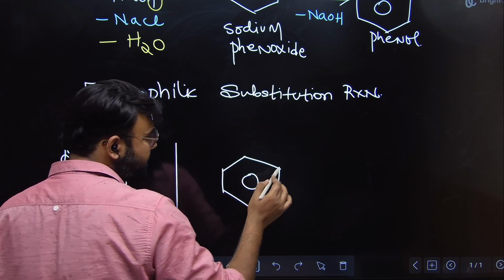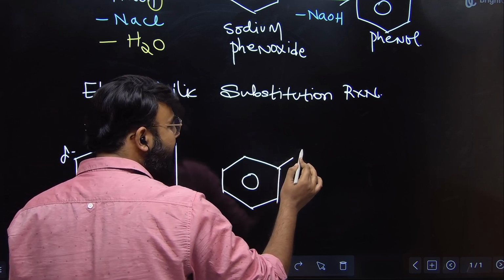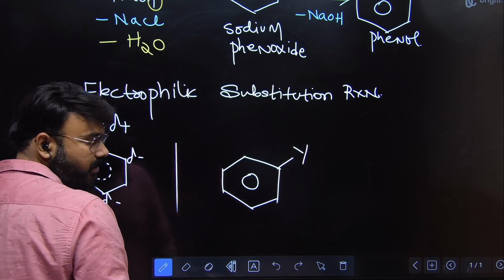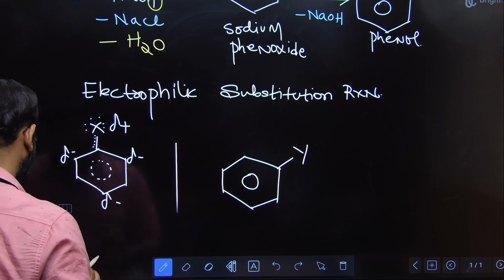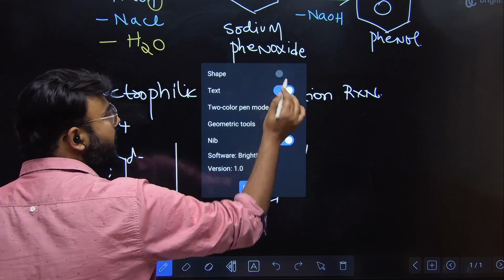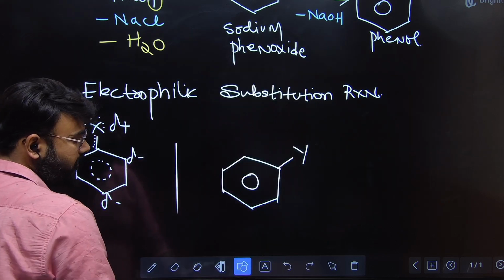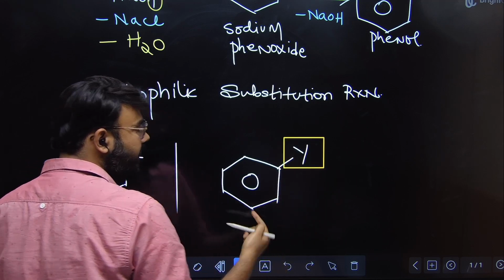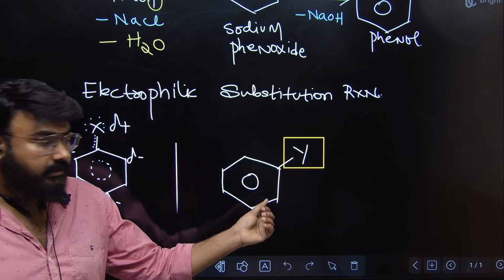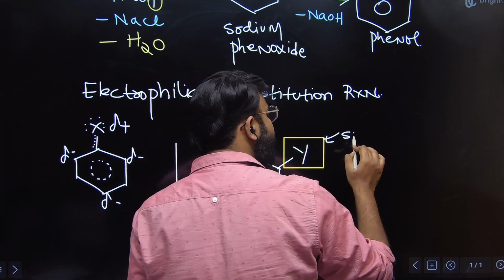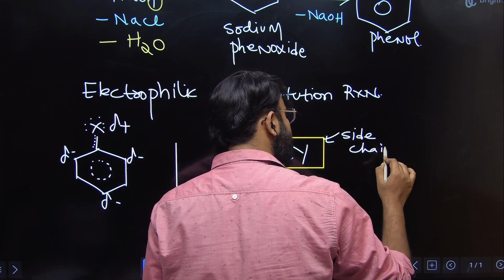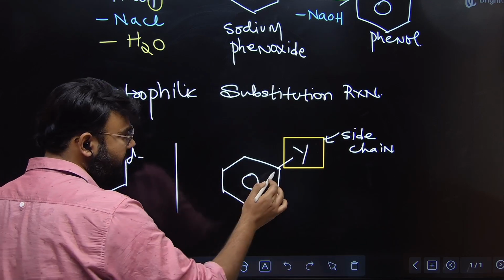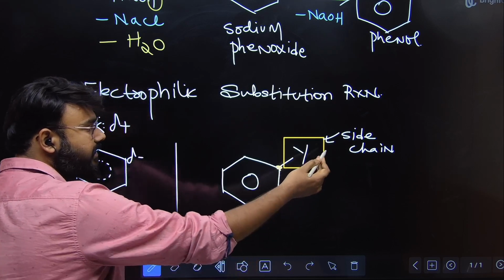When a ring is there, guys, and if any random group, say Y, is attached directly to the ring, then this group is called the side chain. What do we call it as? Side chain.